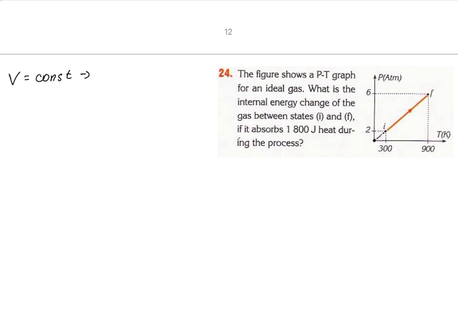So what does this mean? Volume constant means there is no change in volume, so delta V will be 0. If there is no change in volume, that means there is no work done in the system, so work done will be equal to 0.